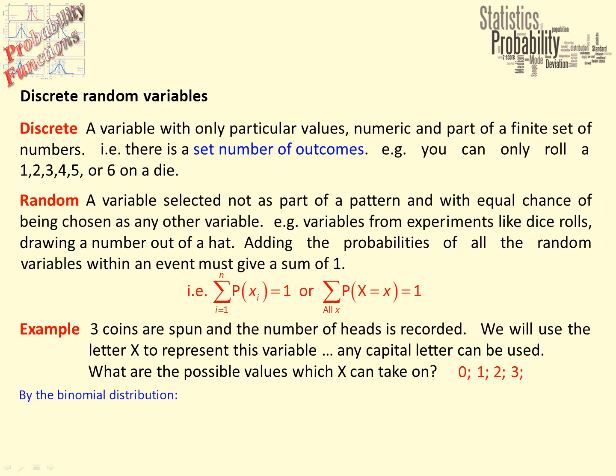By the binomial distribution, the binomial formula, and if you don't know the binomial distribution, I would suggest that you first go back and look at the video in this series on the binomial distribution, because this does assume some knowledge of it. And there's also the hypergeometric distribution, which you should look at, because that's also referred to in this video.